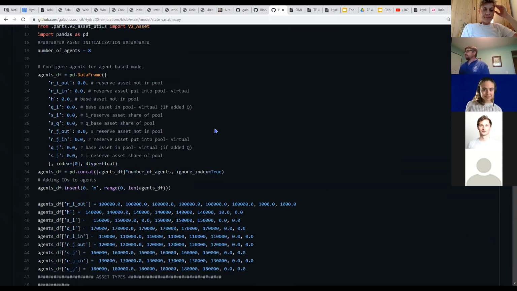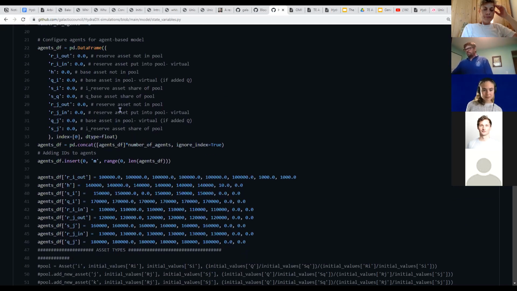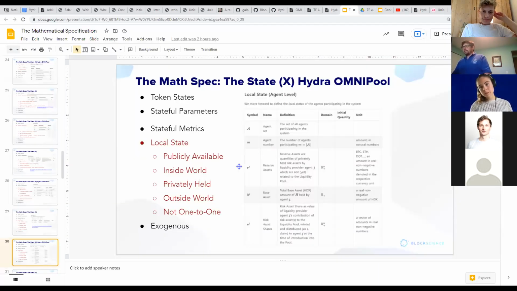We were really in the verification and validation stage, and you can spend a lot of time designing a local state, designing preferences, etc. But just a little bit about the data structure here, this is essentially a data frame where I made 8 agents and gave them not only that set that we just saw, the risk assets and the base asset and the shares, but also just kind of like also in verification.